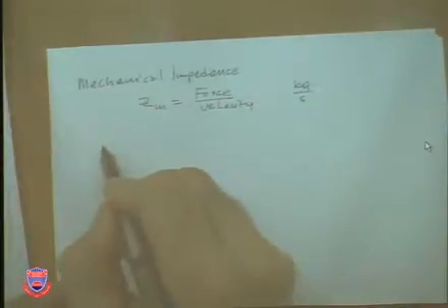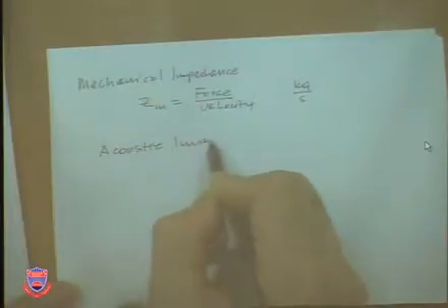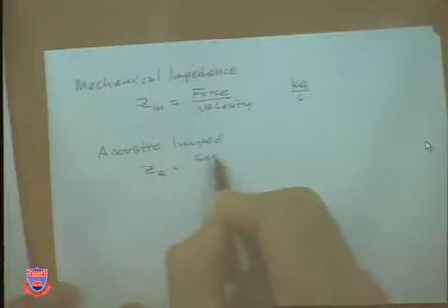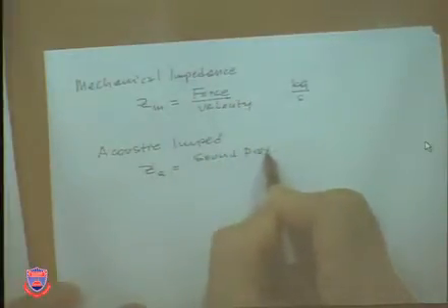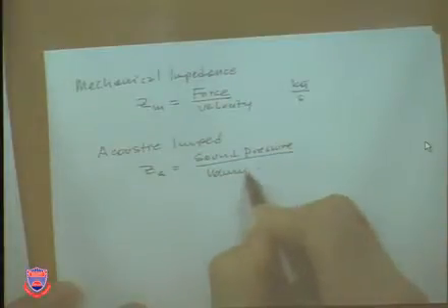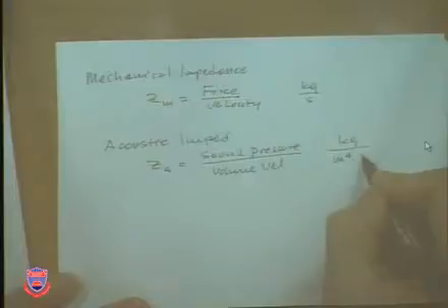In general, acoustic impedance would be sound pressure divided by volume velocity. And that would be a kilogram meter per second.